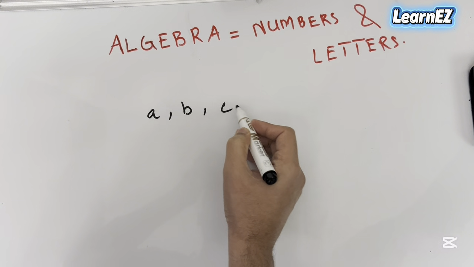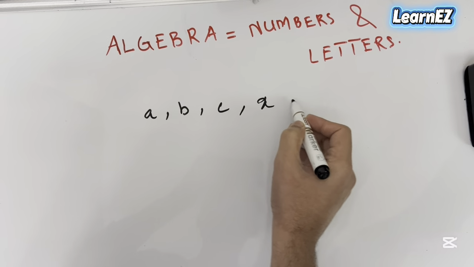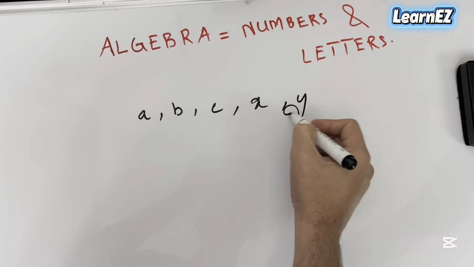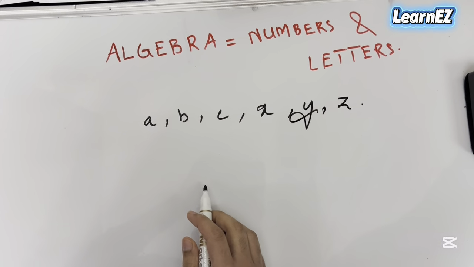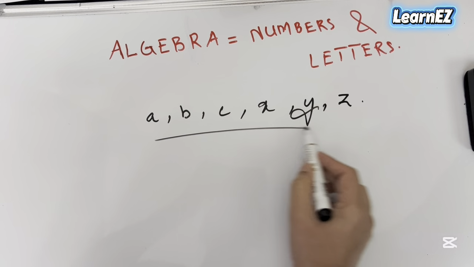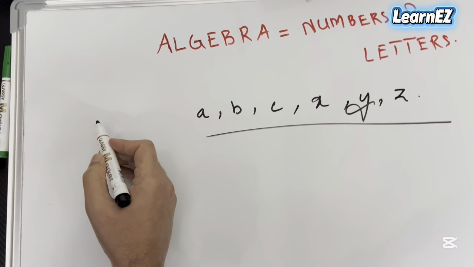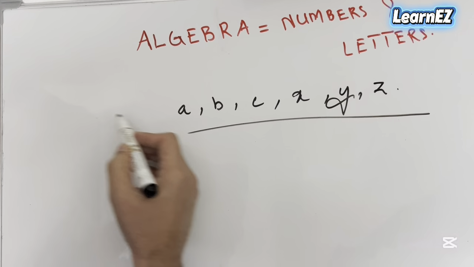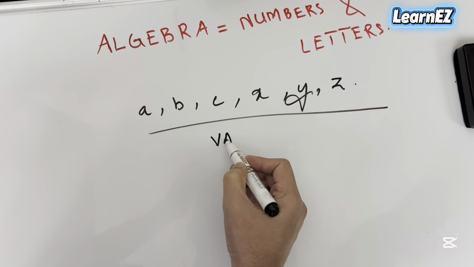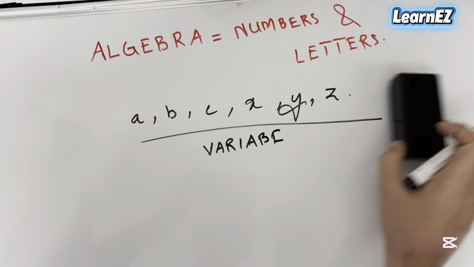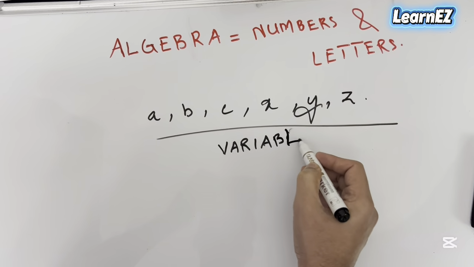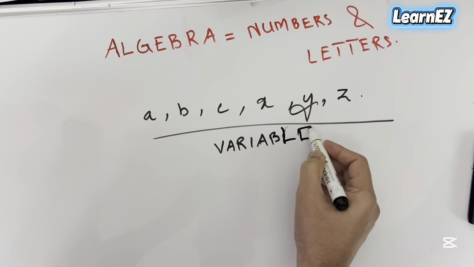Again, I'm writing it for you. So A, B, C, X, Y, Z, these are variables.